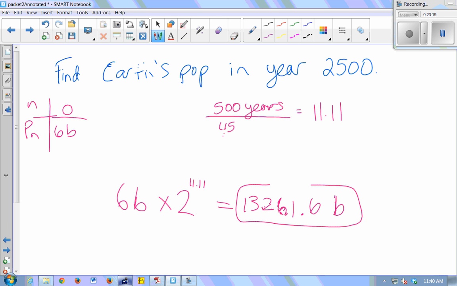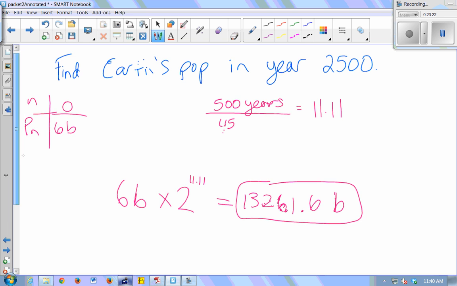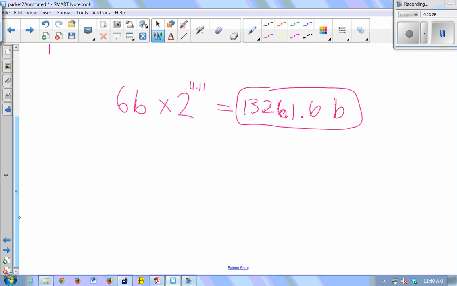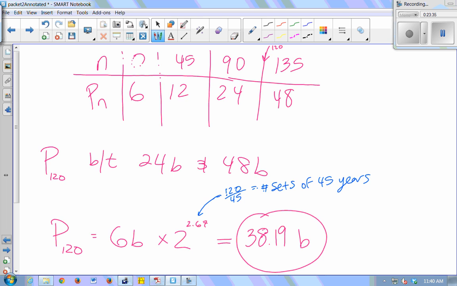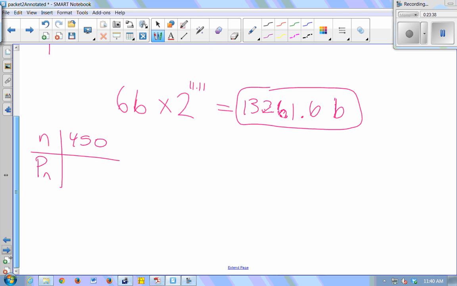All right, so another thing I saw people do is start at P sub 450, because we knew that one. What was that population again? 61.446?